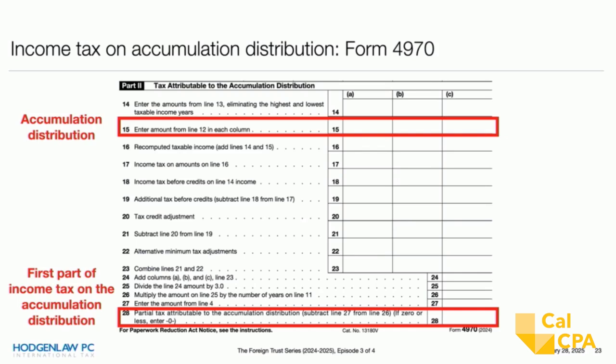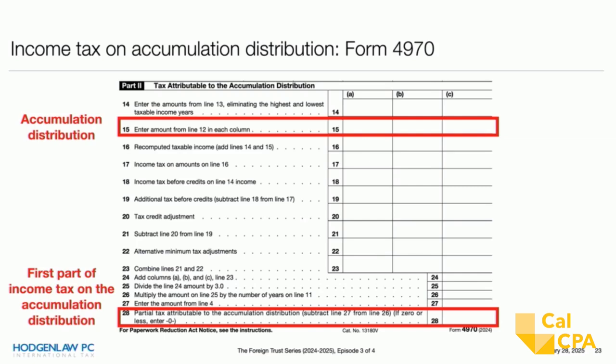And you calculate the tax liability with the add-on of the extra income from the accumulation distribution. And the difference between what you paid on the original return and the amount that you calculate here on Form 4970, that incremental tax difference is the first half of the throwback tax. So that's how this works.